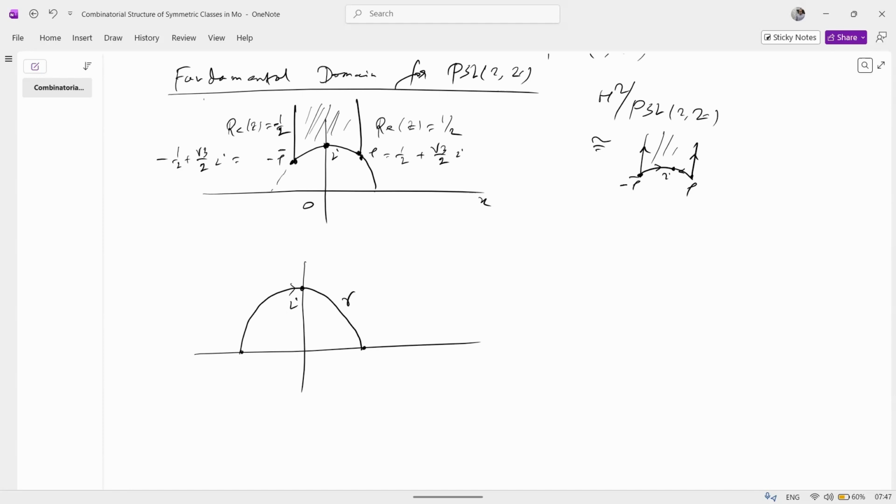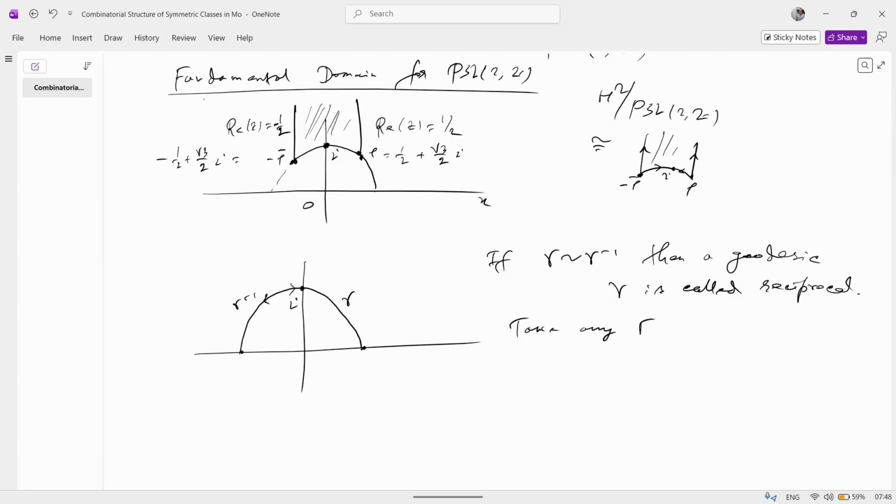If gamma is equivalent to gamma inverse, which is the inverse geodesic, then the geodesic gamma is called reciprocal. All right, so reciprocal geodesics. You take any Fuchsian group.